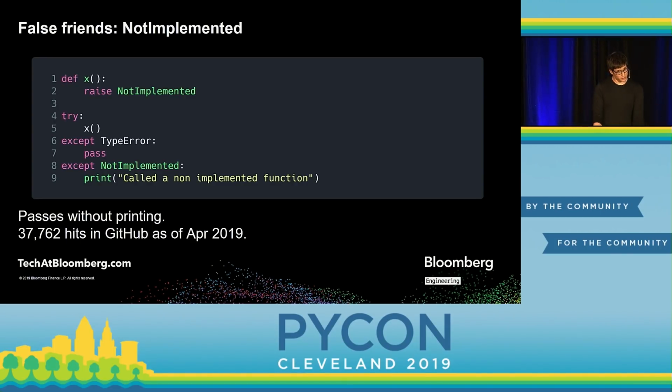What people usually want to raise is NotImplementedError, but there are 37,000 hits for raise NotImplemented on GitHub. And the problem with this is that many people actually test this code, and they might, for example, assert that this raises an exception. And guess what? This is actually going to raise an exception, because whenever you try to raise something, it has to derive from the base class Exception, so it's going to raise a TypeError, but it's wrong.